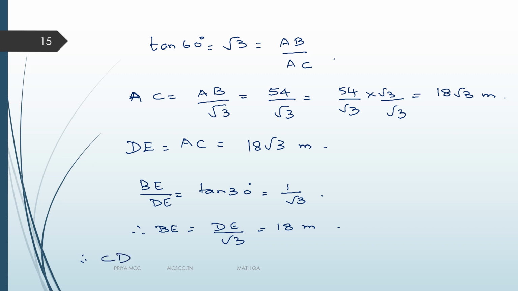CD will be AE. Correct? But AE will be AB minus BE. What is AB minus BE? 54 minus 18. We found out BE just now, which is 36 meter.